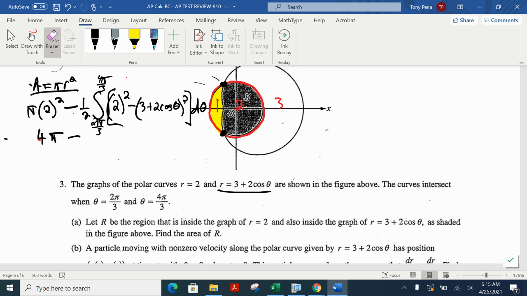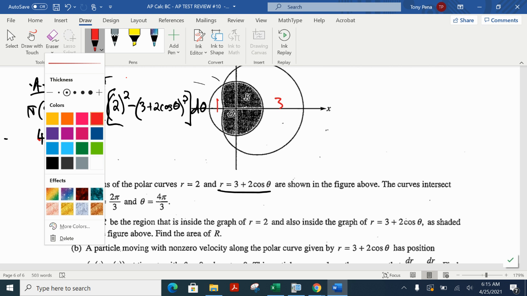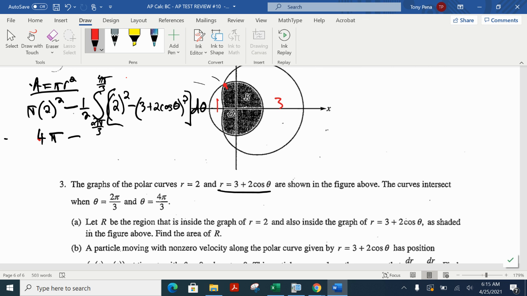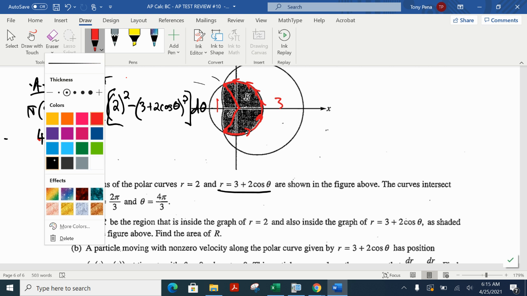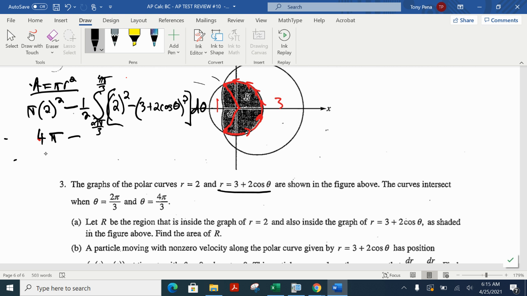The other way that you can do this, just in case it doesn't work out this nicely, is you could also deal with the idea that if I just go from here to here and go in this direction, notice how the circle, if we're going in this direction, we could set up an integral for the circle.